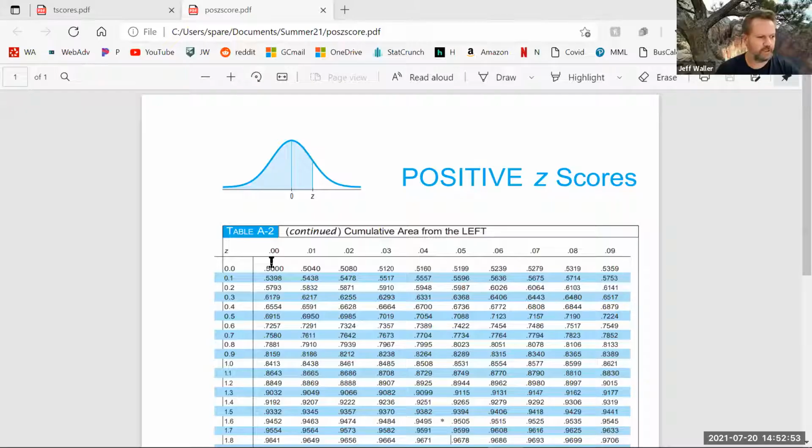So it should be 0.18. Yeah, I just completely read that wrong. Oh, I'm not even sharing, am I? Dang it, Jeff. Here we go. So here's 0.57. So 0.18. Okay, thank you.